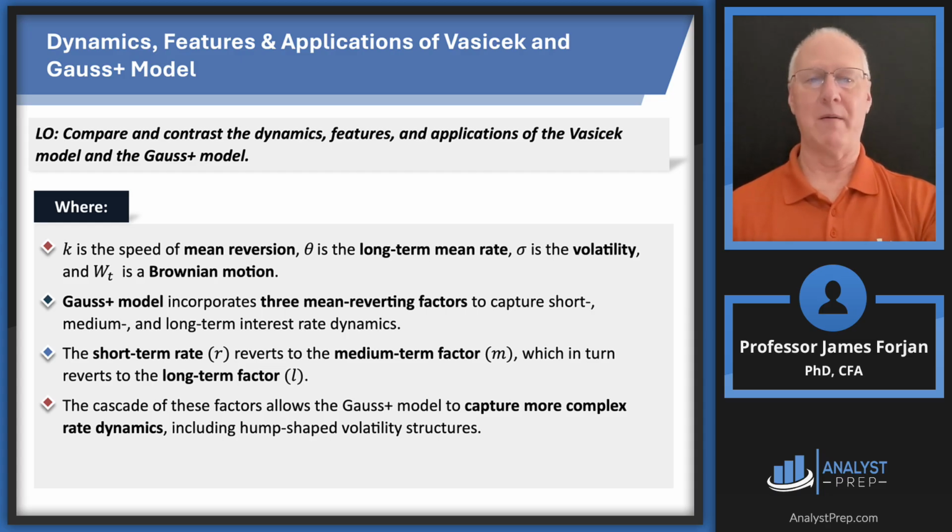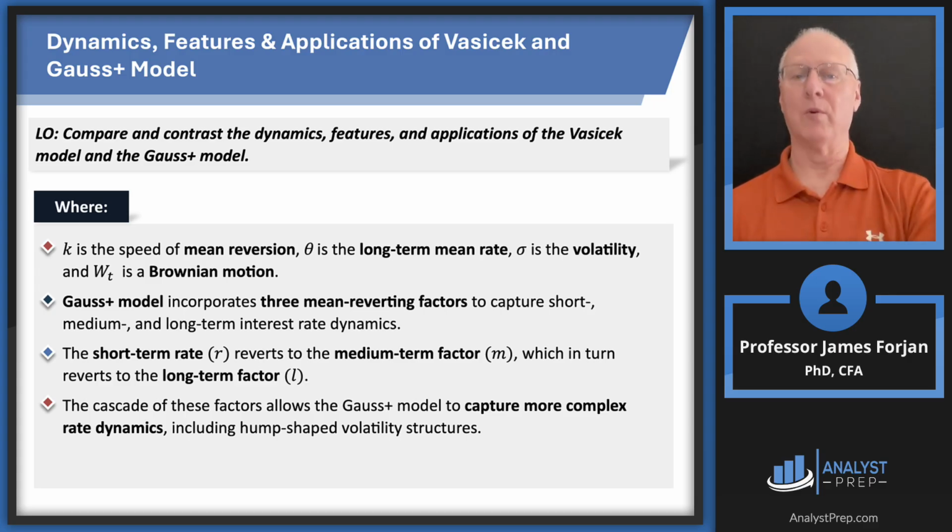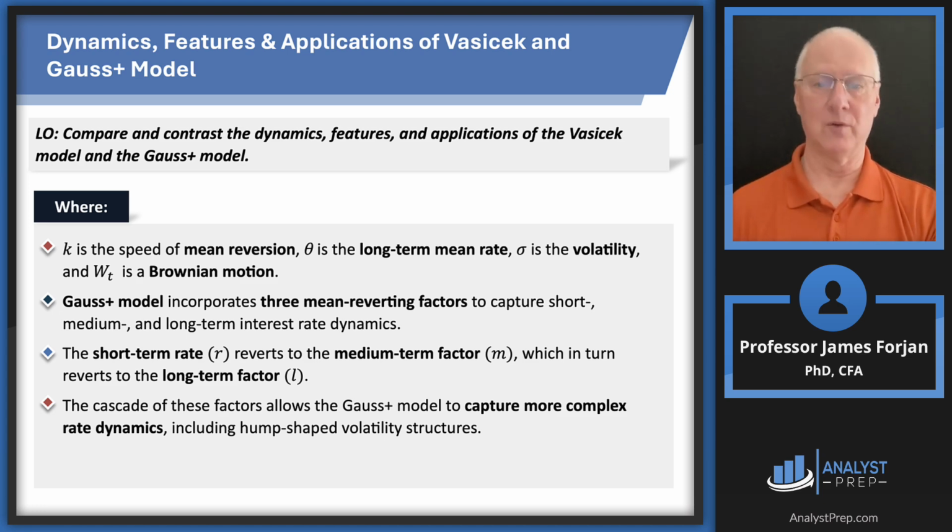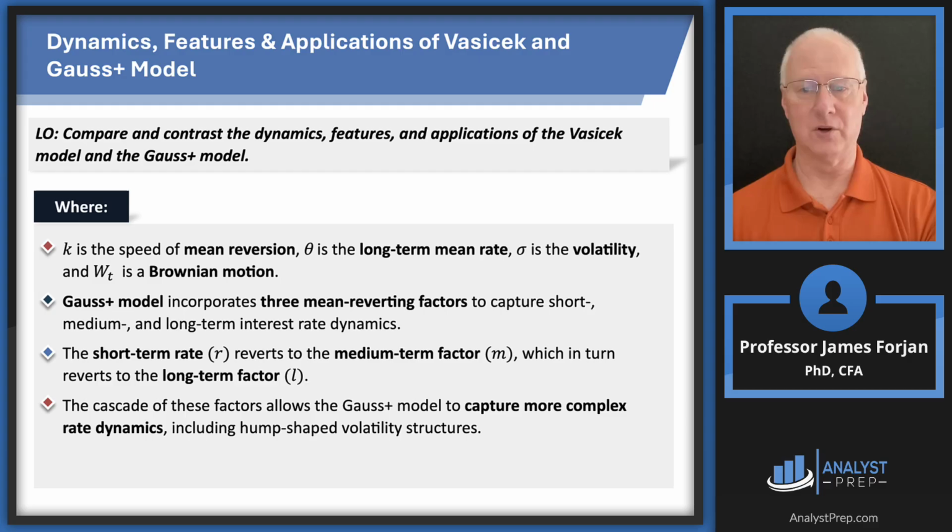All right, so that first diamond point tells us about the mean reversion and those notations from the Vasicek model. What we're going to do in the plus model is add a short term, a medium term, and a long term factor.